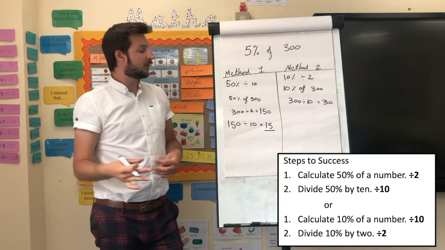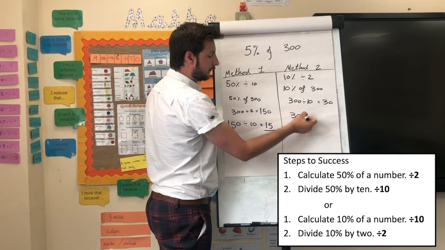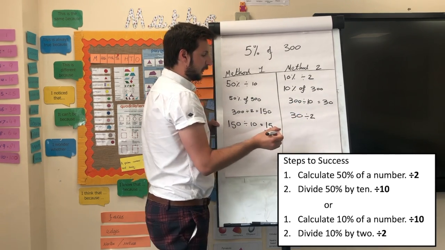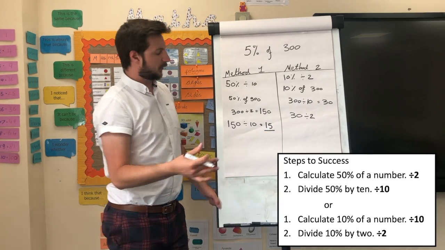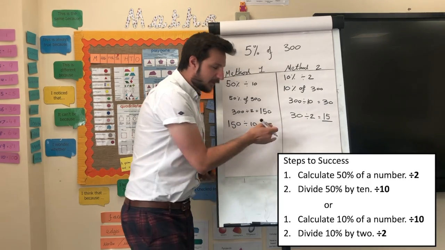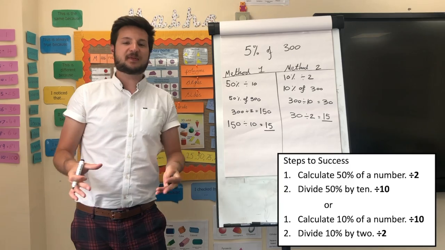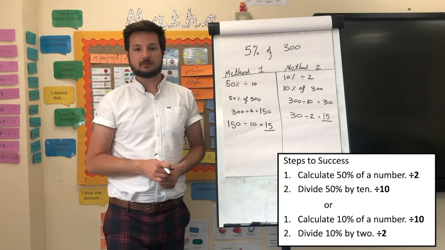Then the next step, we take that 10% and divide it by 2. So we're doing 30 divided by 2. 30 divided by 2 is 15. Same answer, of course you get the same answer because you're finding 5%. 5% of 300 is 15.